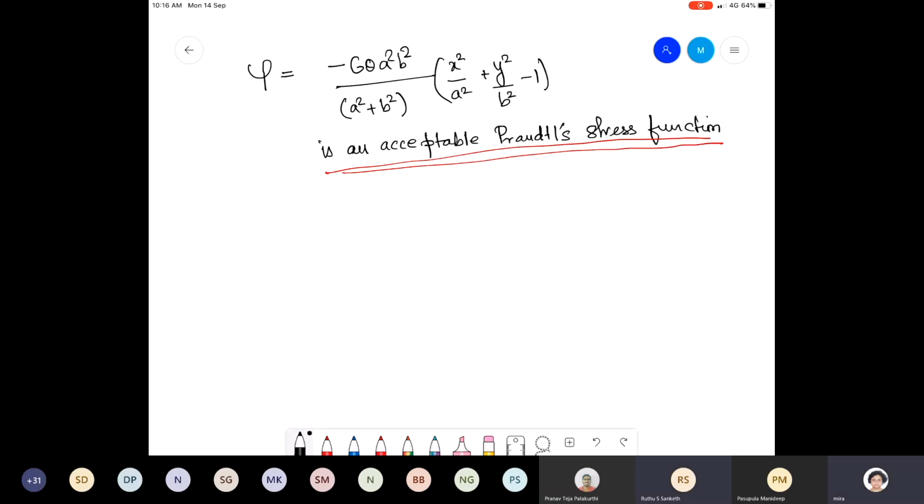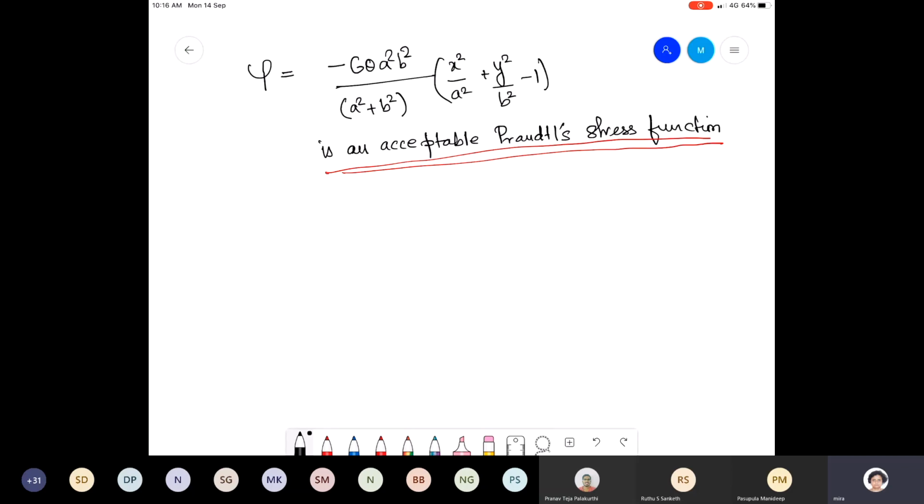Yes, ma'am. So to answer one of your questions, whether we can do it for all the cross sections: see, this is an ad hoc method that we are doing. There is no formal method of finding a stress function. Finding a stress function is always left to the engineer who is solving the problem.